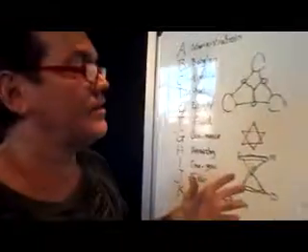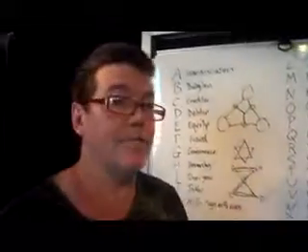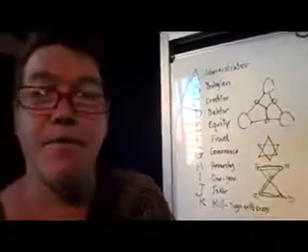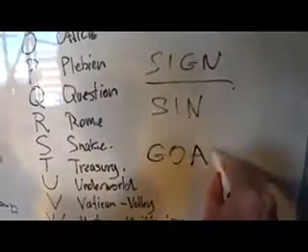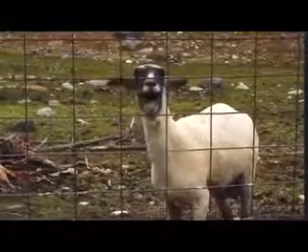But this happens with goat. Even the word goat in the Black's Law Dictionary. Goat in the English dictionary is a goat. It's the real thing. Bah, bah. Four legs and stuff.